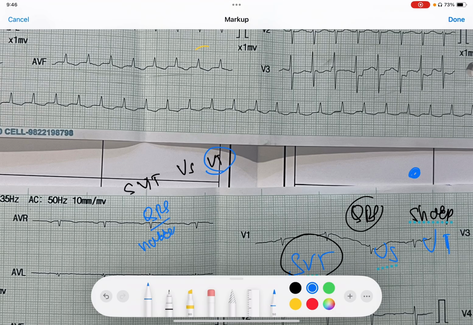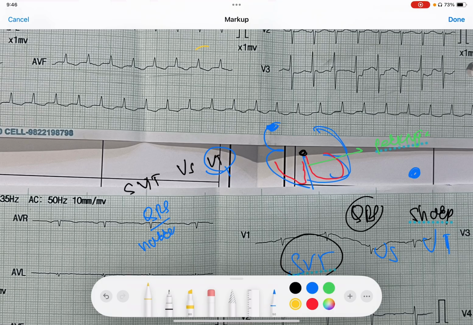Because in ventricular tachycardia, the tachycardia actually originates in the ventricles. We know that in the heart we have the SA node, then the AV node, then the Purkinje fibers. The Purkinje fibers can carry the impulse very smoothly and at a very high rate.